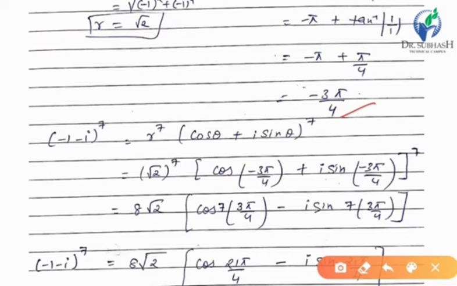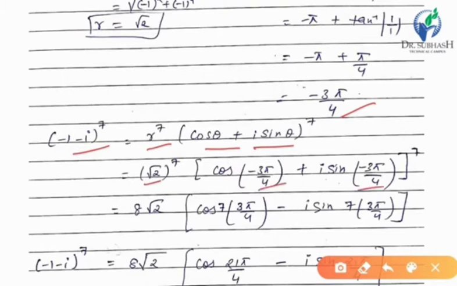Now, see, we have just found r and theta. Now the polar form we will use here. The polar form of minus 1 minus i raised to 7 we can write as r raised to 7 (cos theta plus i sin theta) raised to 7. I will put the values of r and theta. r equal to root 2, theta equal to minus 3 pi by 4.